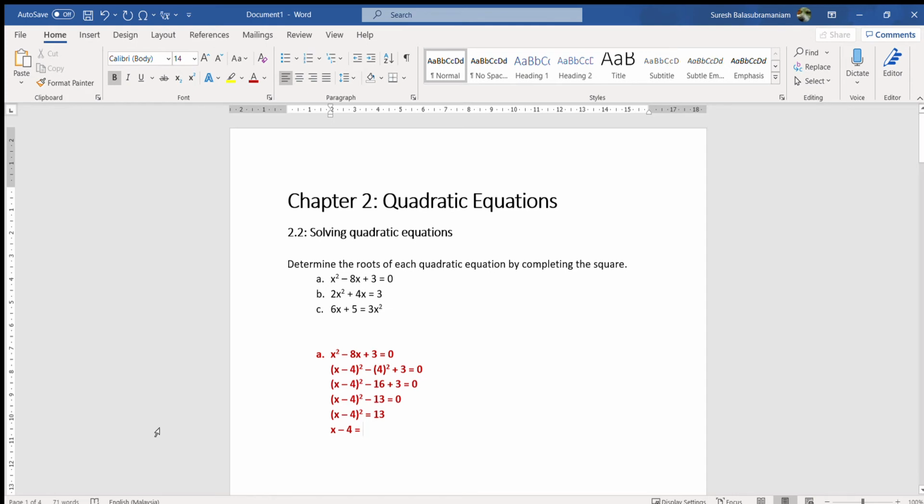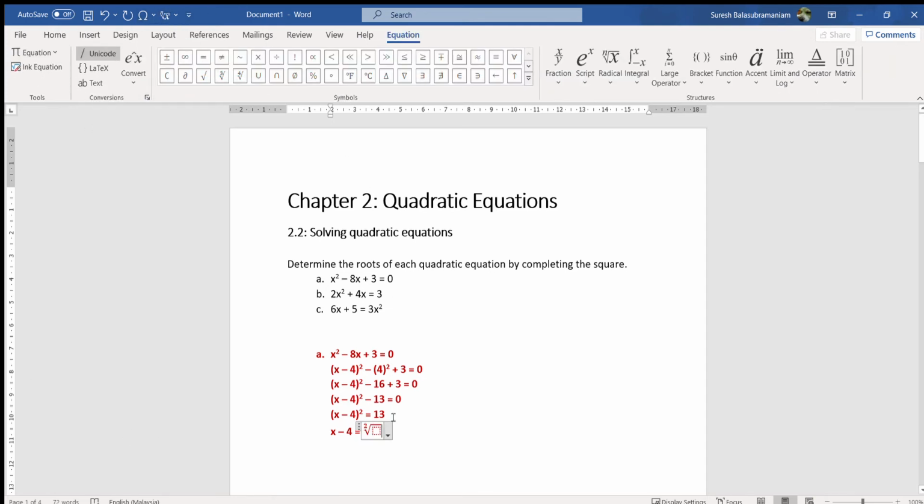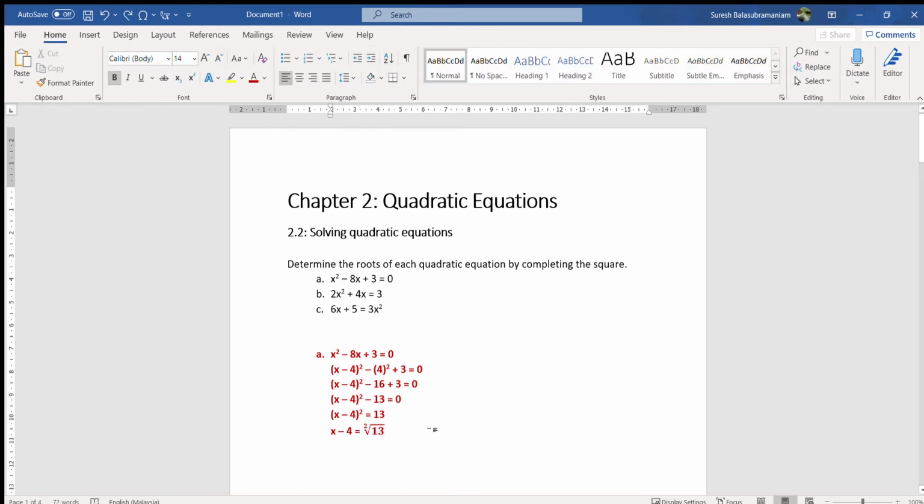I'll insert a square root, and the value in the square root is 13. So bring your negative 4 to the right, so you get x equals, just copy this.